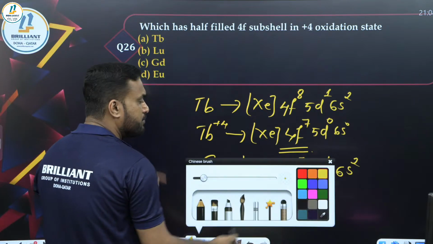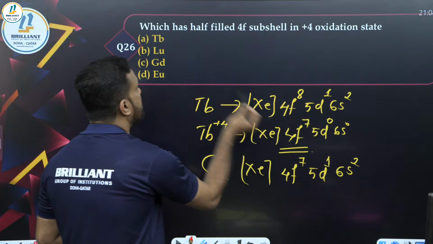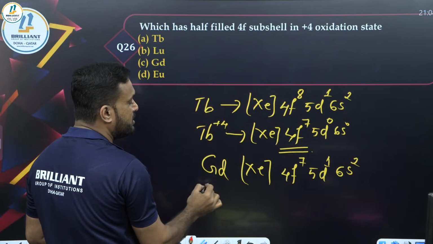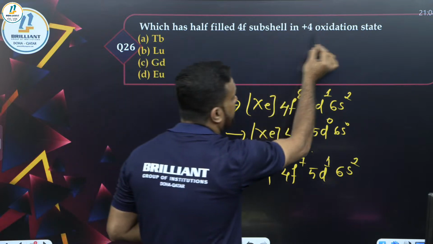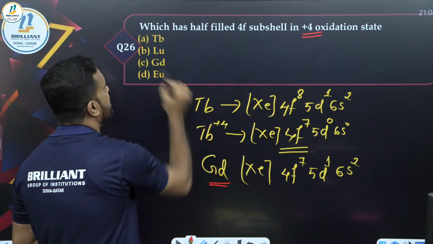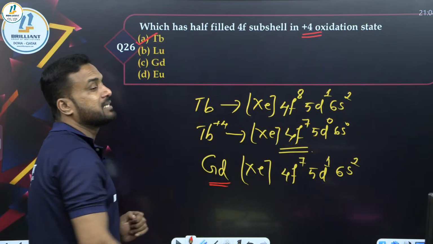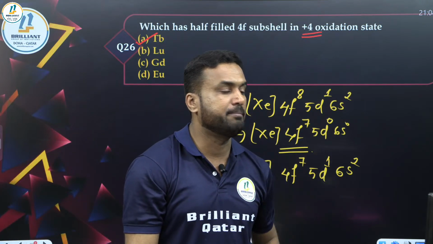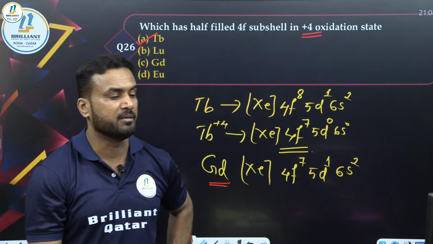That you keep in mind. These few elements only you have to keep in mind. So which one has this? Gd is given, but Gd is not in plus 4, it is in ground state. Keep in mind they are asking about plus 4. So in plus 4 oxidation state, which is the half filled, that is terbium. Yes, A is the right answer, that is terbium.